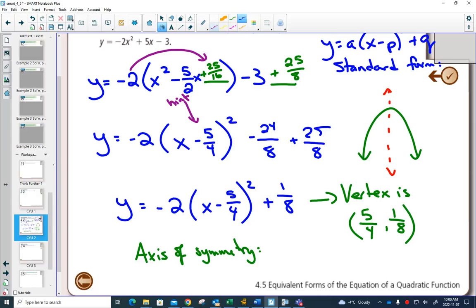And I know that my vertex right here is 5 over 4, comma, positive 1/8. My axis of symmetry, always x equals, and it's always the x coordinate of your vertex. So our axis of symmetry will be x equals 5 over 4.